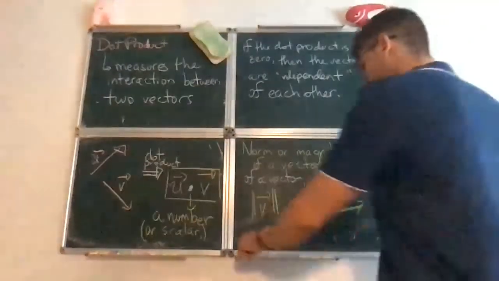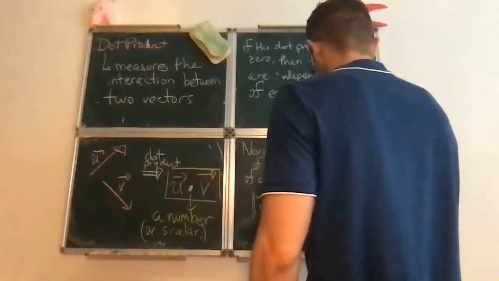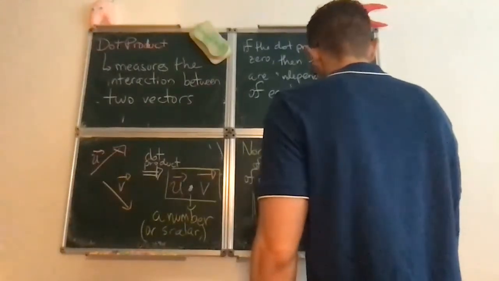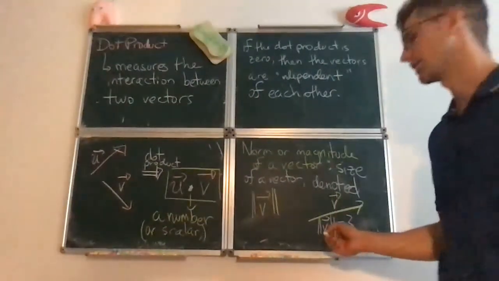So for example, if the length of this arrow is 3, then you would say that the norm of v is 3, and you would write something like this.